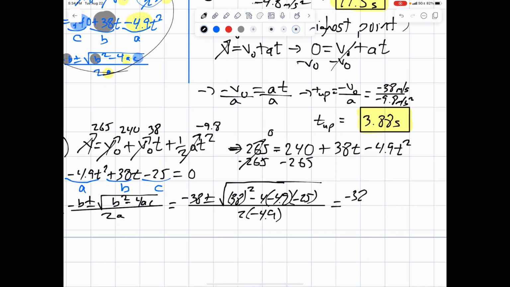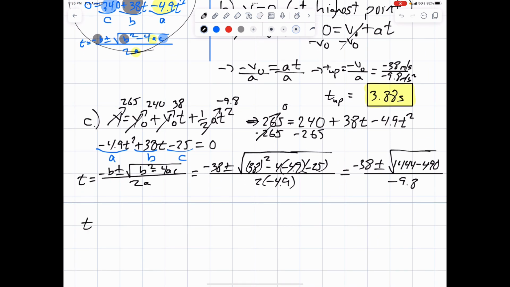Underneath the square root, a minus times a minus times a minus ends up being negative, so ultimately I end up subtracting. 38 squared is 1,444, minus 4 times 4.9 times 25, and that's 490, over negative 9.8 when you multiply those two together.